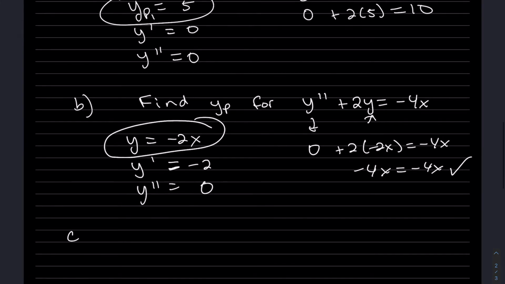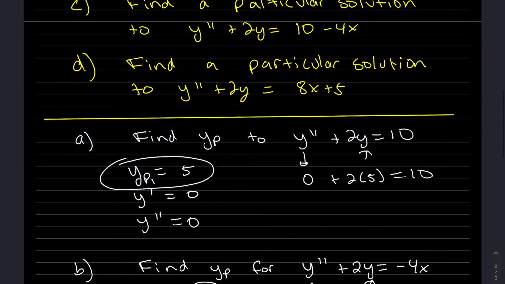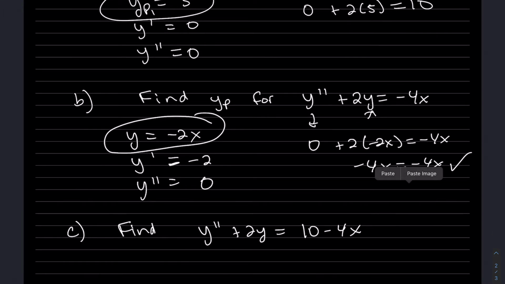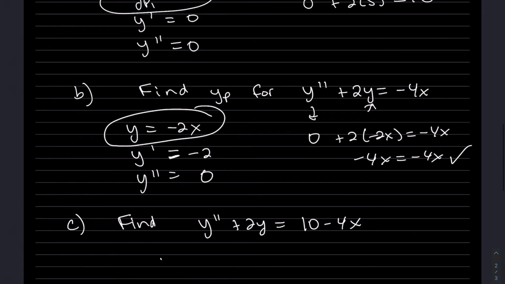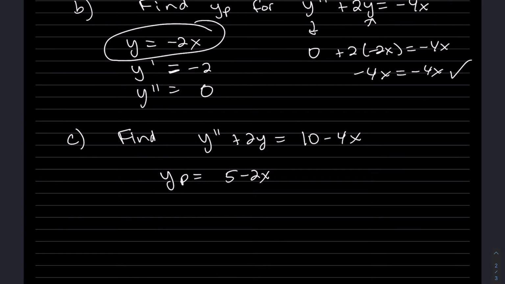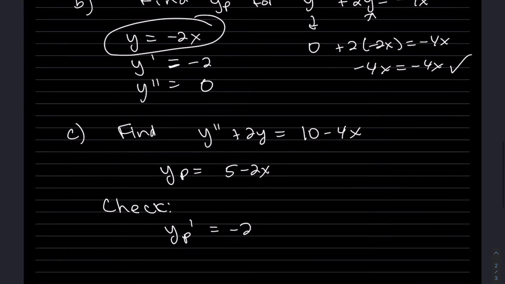And part C now says find the particular solution to the same left side. So it's basically adding 10 and minus 4x. So remember, by the superposition principle, my YP will be the sum of these two. And if we want, we can check. Okay, so let's check it. Make sure it works. So YP prime is minus 2.